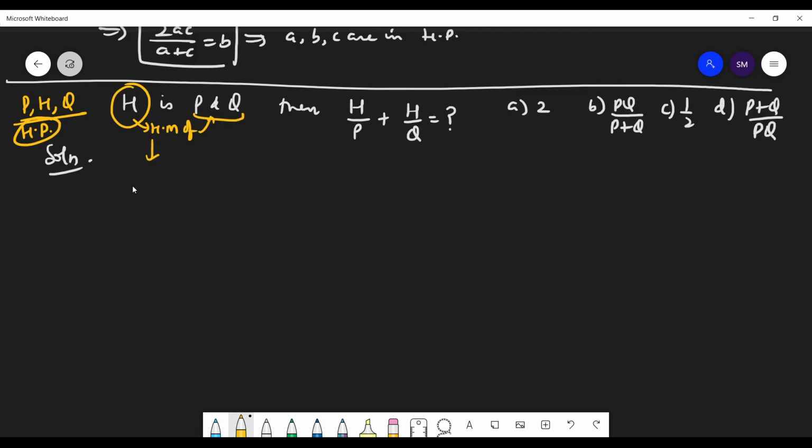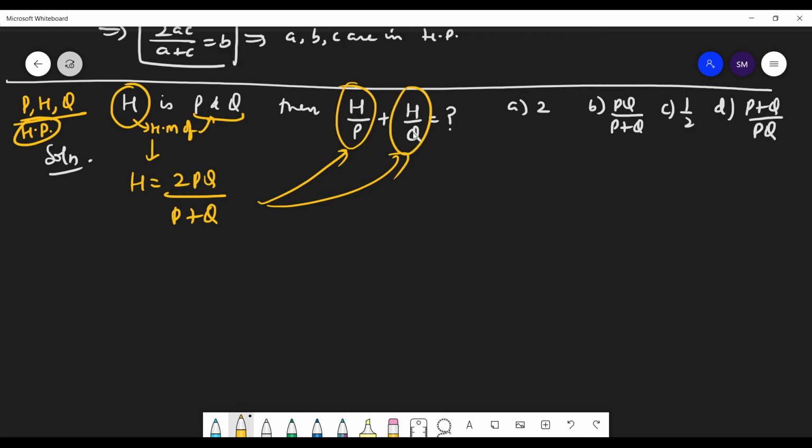So this harmonic mean, then students, H is equals to 2PQ upon P plus Q, right? Yes, good. So you have to find H by P. So find the value of H by P here and find the value of H by Q also here and put those values over here and you get the answer. What is the answer? Answer is 2. Yes, that's the correct option.